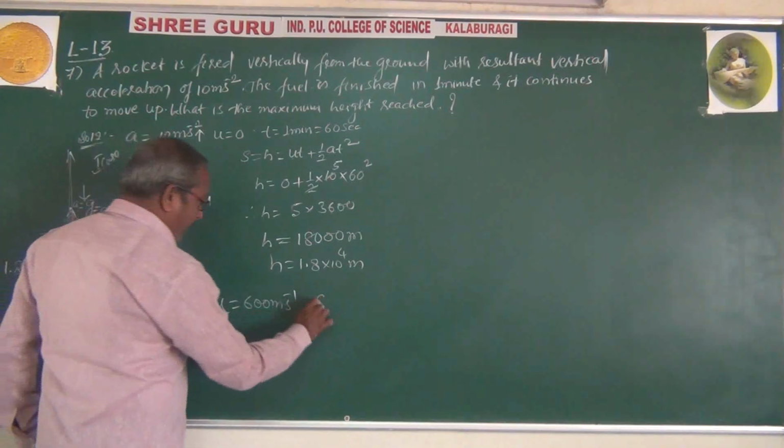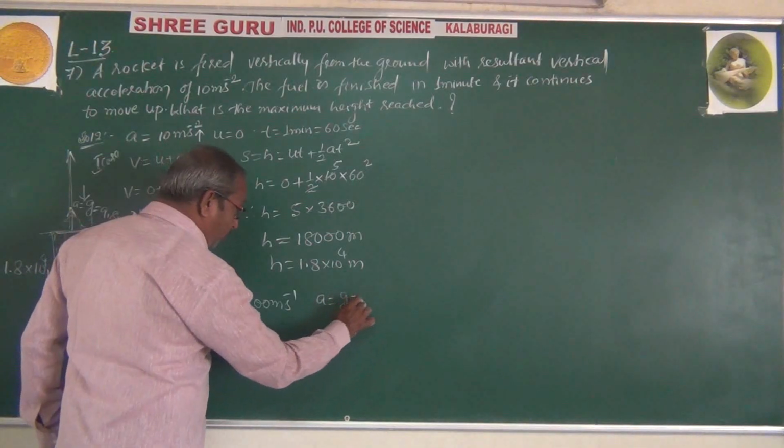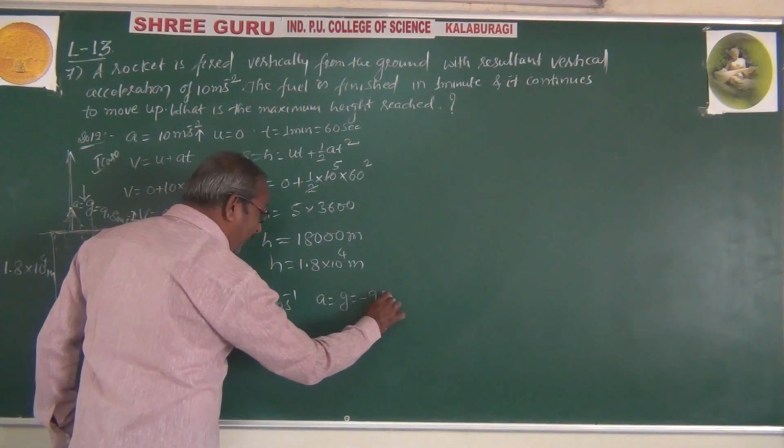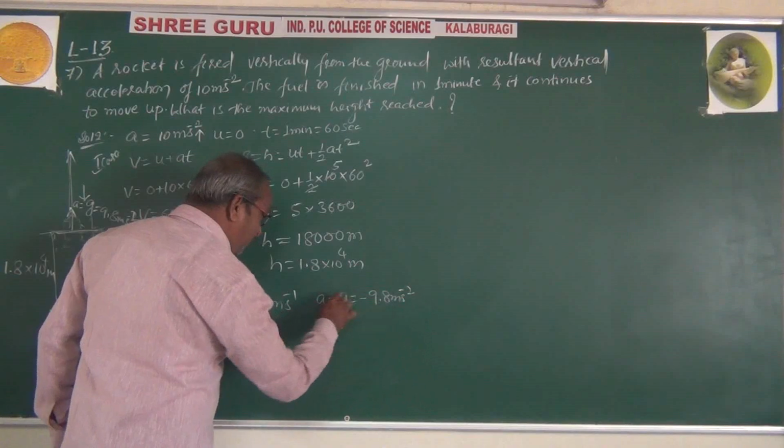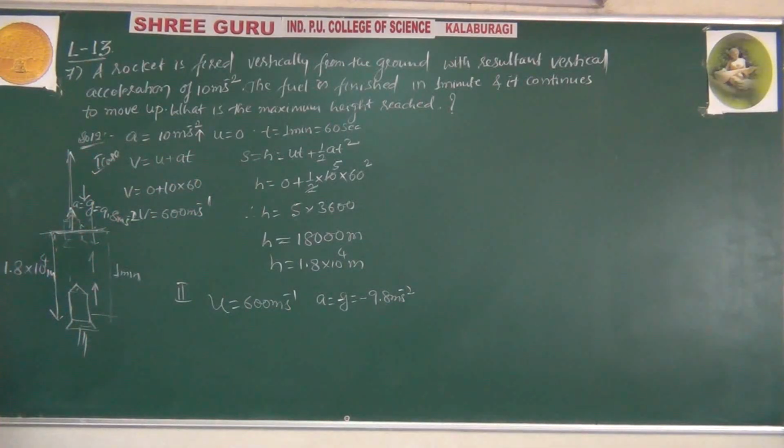For that, a equal to g equal to minus 9.8 meter per second square, because the rocket is moving up and gravity is downward. For that we have to take the minus. And it goes up with a speed of 600 meter per second.